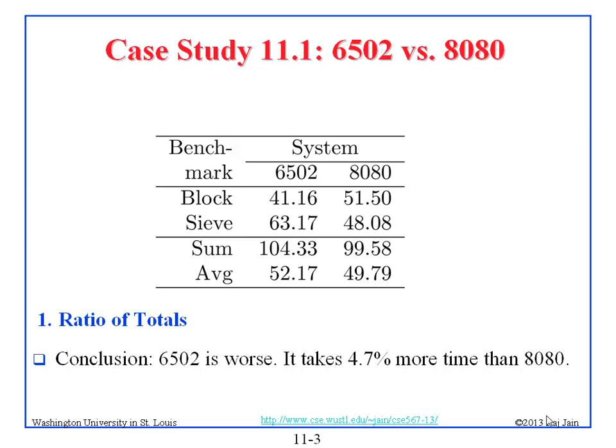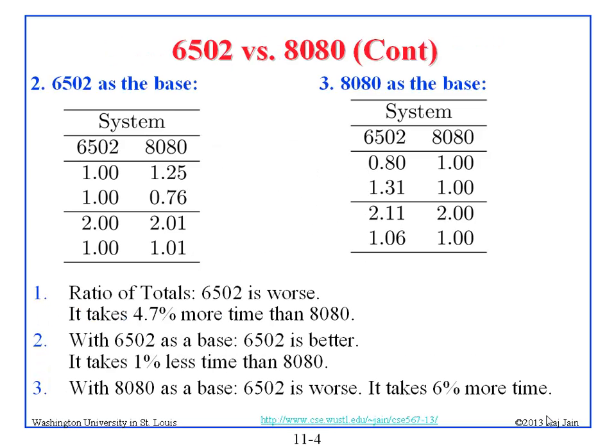Right? Now we do the other way. If you are a 6502 person, if you are Motorola, was it Motorola 6502? Okay. Anyway, then you would take the ratio with respect to 6502, and you say 8080 is 1.25 slower on the first benchmark, and only 76% slower on the second benchmark.